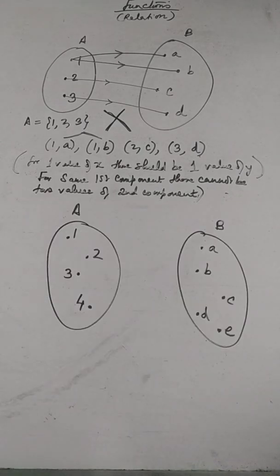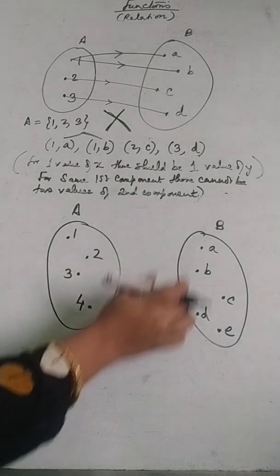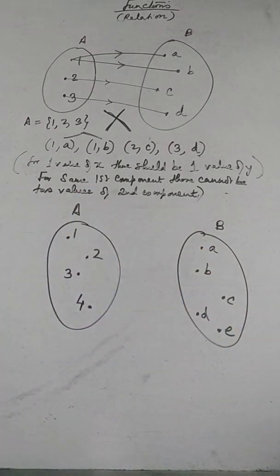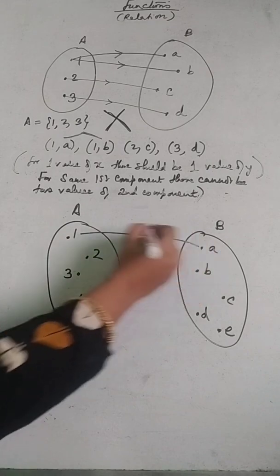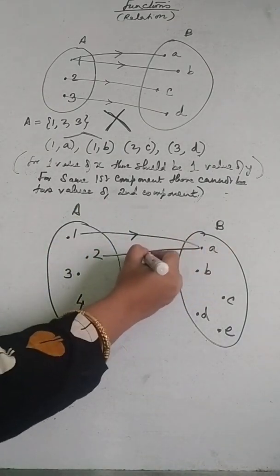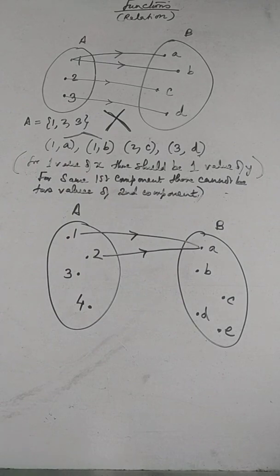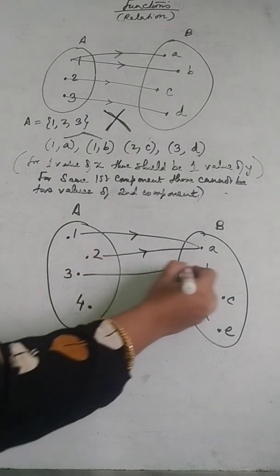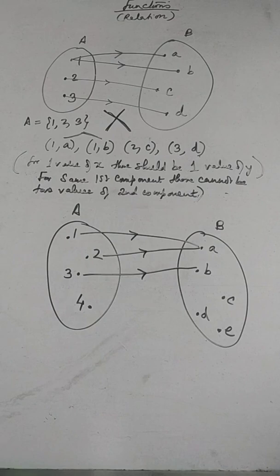Suppose we have a situation like this where the domain has the elements 1, 2, 3, 4 and the codomain has the elements a, b, c, d, e such that 1 is giving me a, 2 is also giving me a, 3 is suppose b, no problem with that, 4 is suppose d.